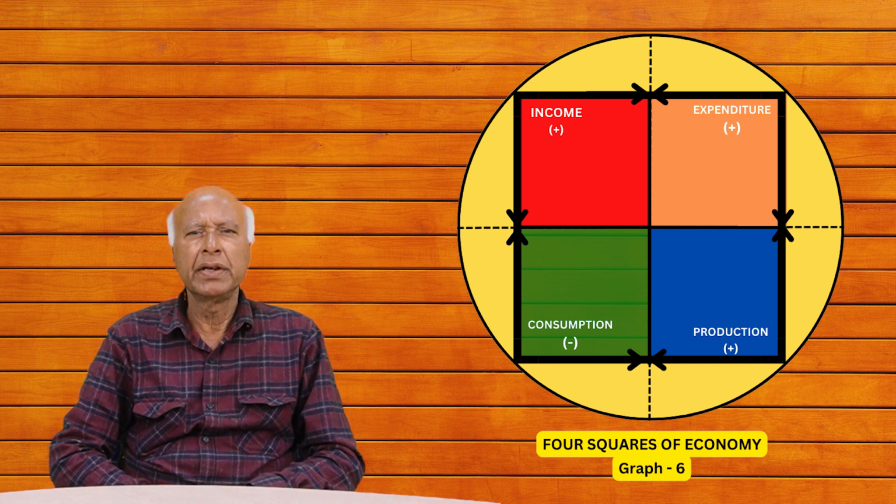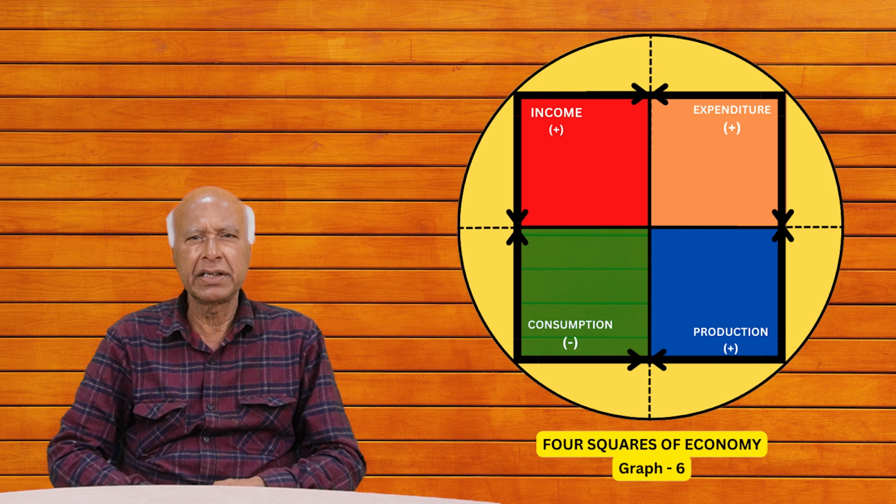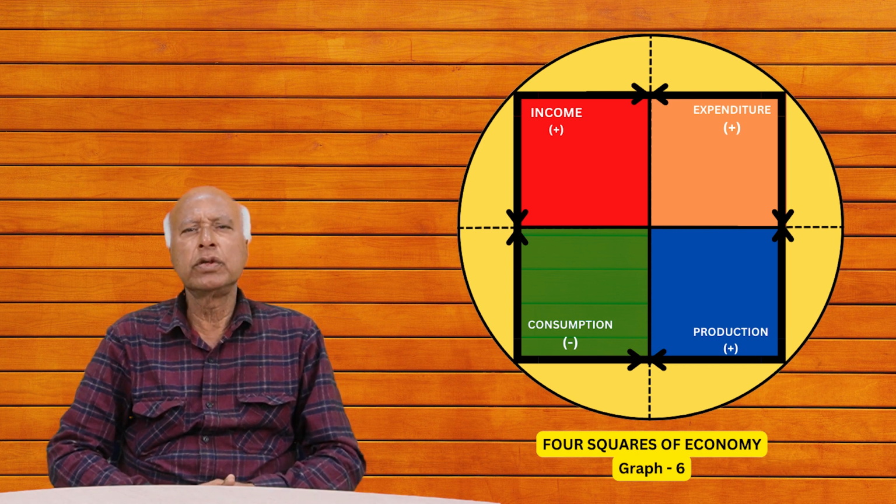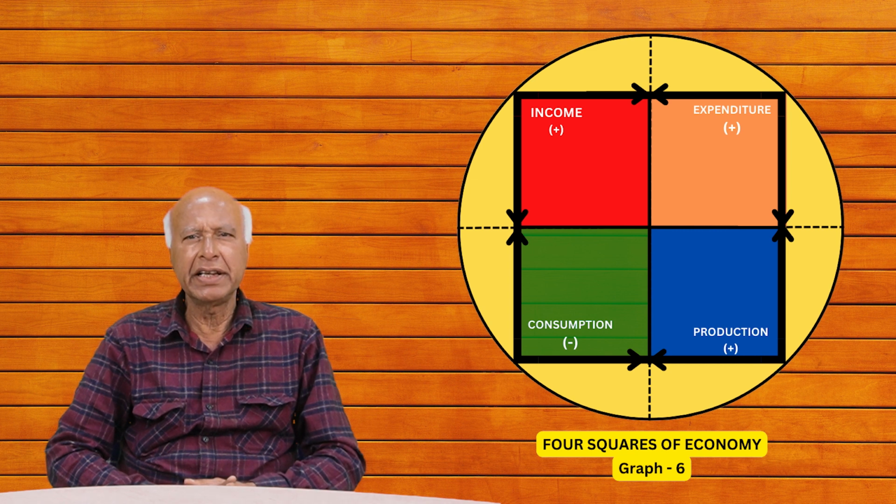Four poles, as we have already discussed, are two poles of monetary values, that is income and expenditure, and two poles represent physical stability, that is consumption and production.